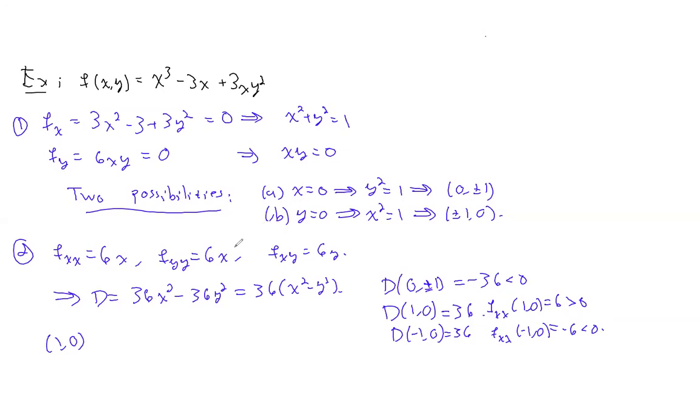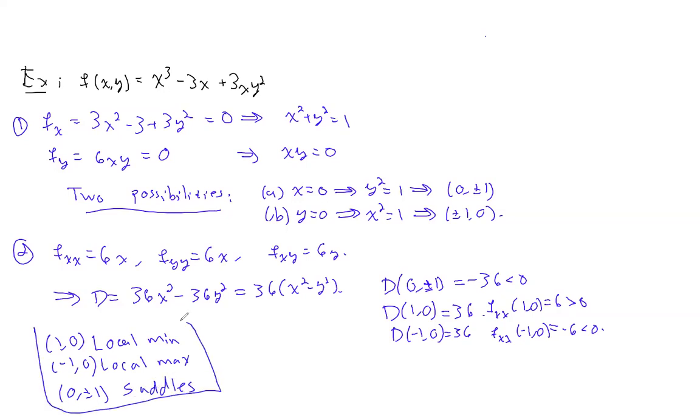So d of 1, 0 is going to be a local minimum. Negative 1, 0, local max. And 0, plus or minus 1 are saddles. So there's a solution.